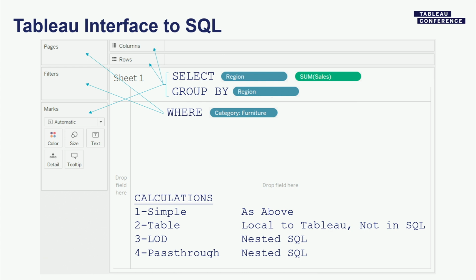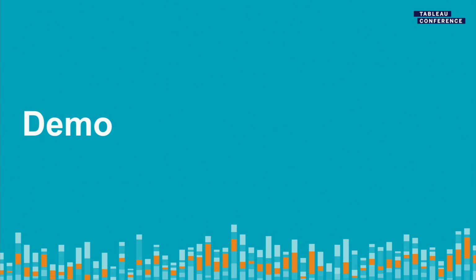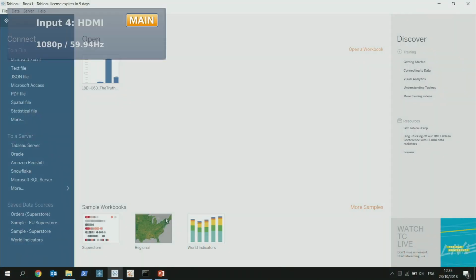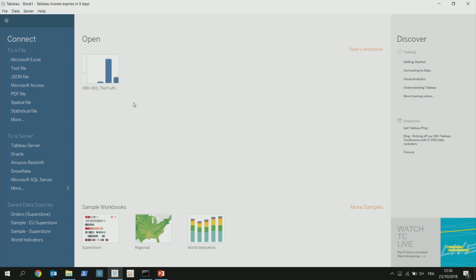And also, there are some kinds of calculations, simple, just as above, and also table calculations, LODs, and pass-through SQL. And we're going to look right now at what it means to Tableau and how it behaves.